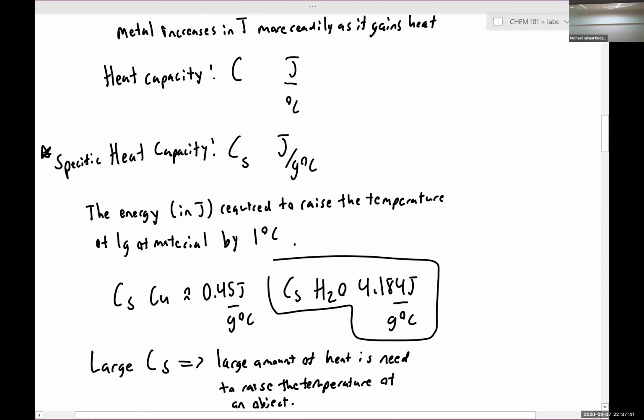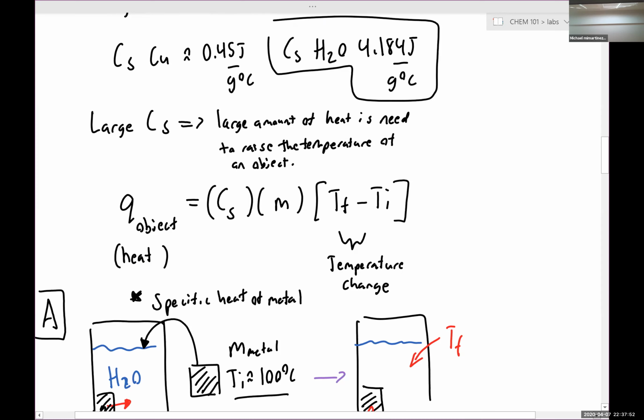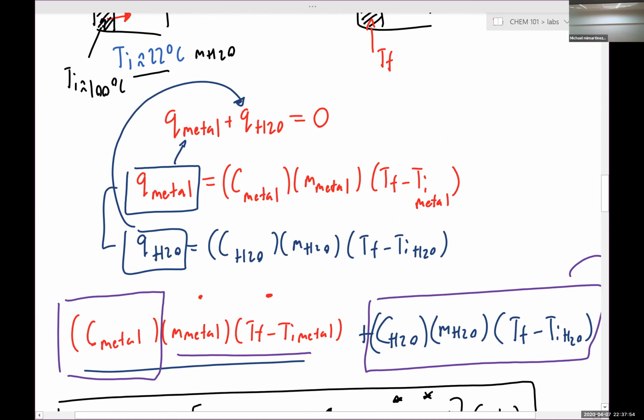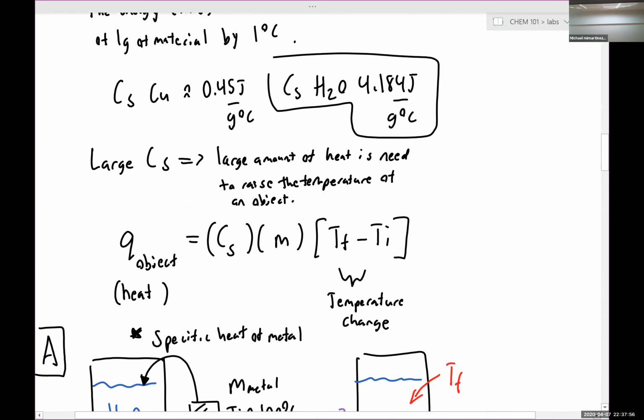So objects with large specific heat capacities in turn require more energy to raise their temperature. The reason why this is so useful is that the specific heat provides a relationship between the heat gained or released by an object and the temperature change experienced by that object.